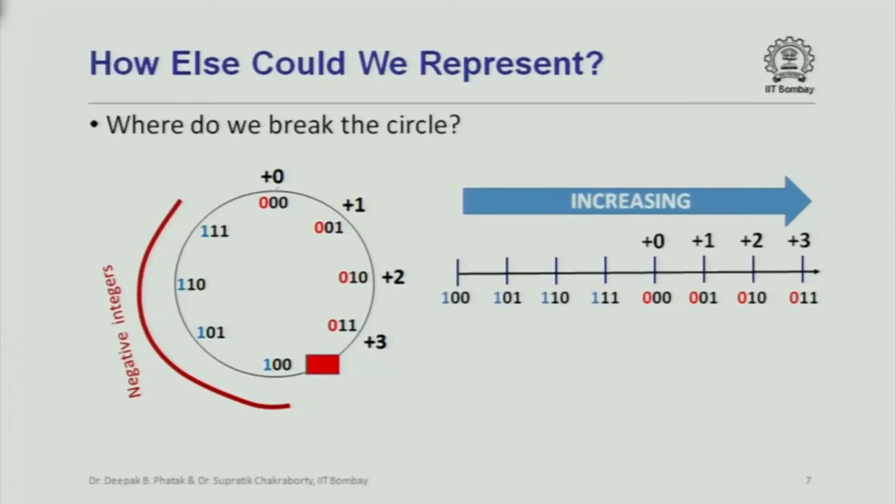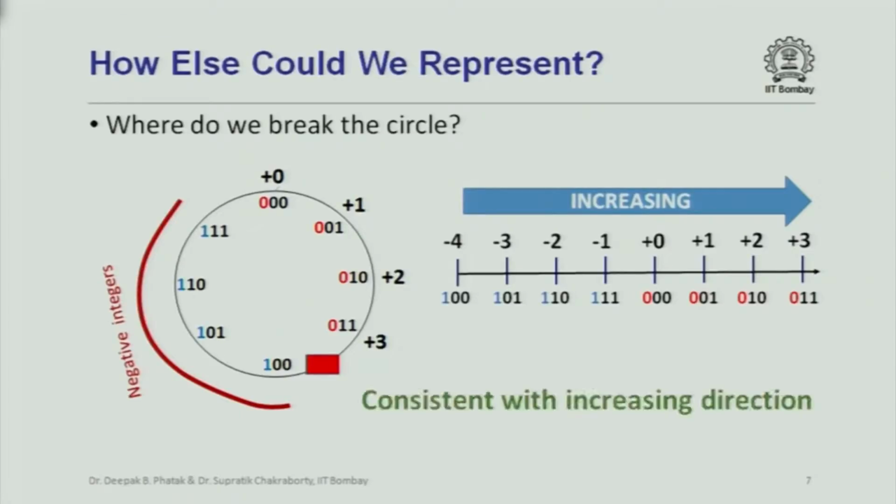And now, what we want to do is, we want to put negative integers over here such that there are no two representations of 0, the same increasing direction applies and all of that, right? So now it's clear what those negative numbers should be. Is that clear? Right?